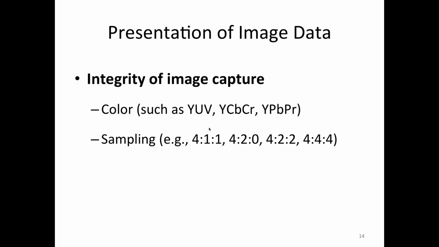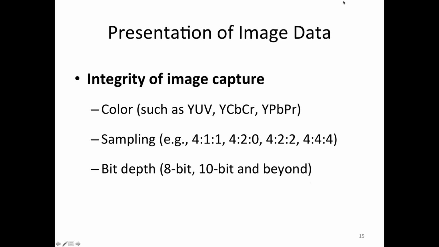The ratio 4:2 means that each horizontal scan line has 2 chroma values for every 4 luma values. Similarly, 4:1 means one chroma value is sent for every 4 luma values sent. And the ratio 4:4 means that all 3 components are sampled at the same time. There is no chroma subsampling.